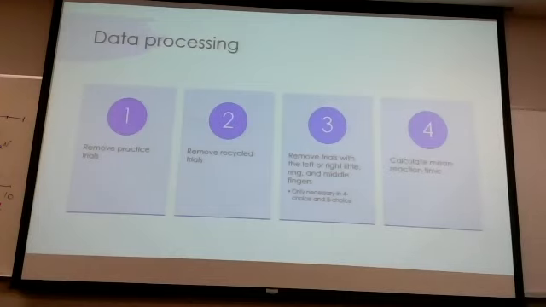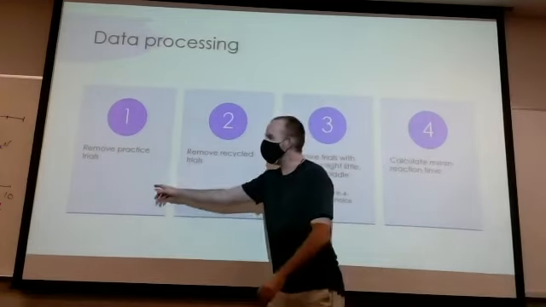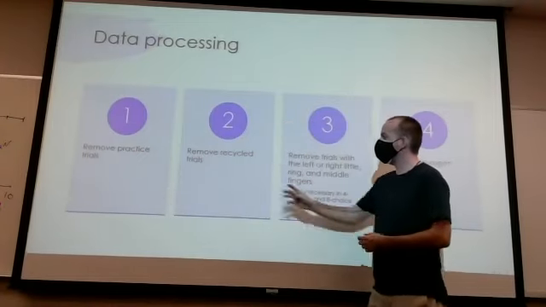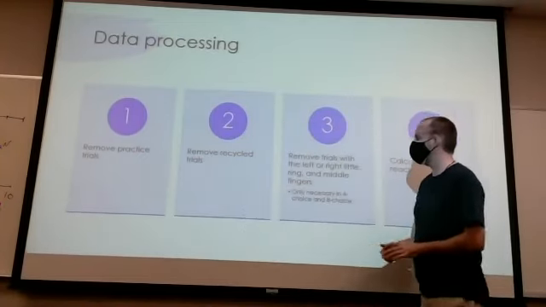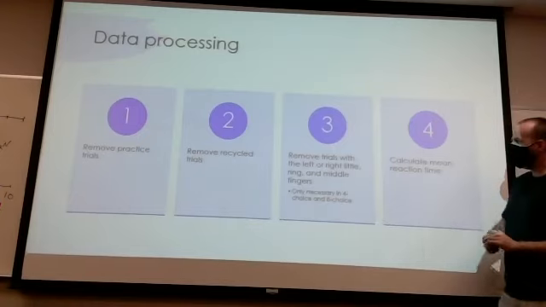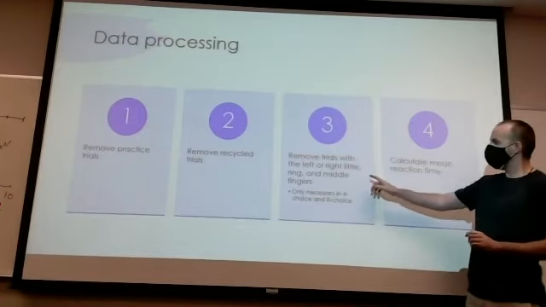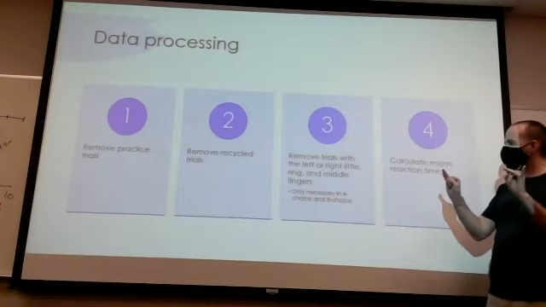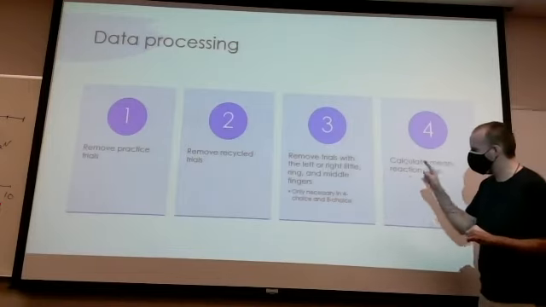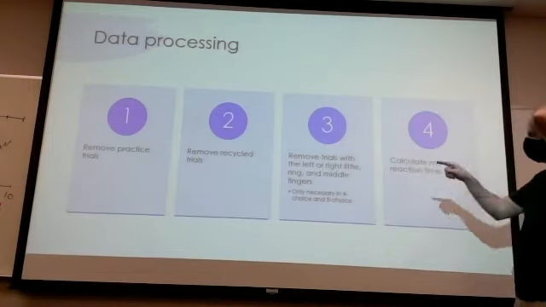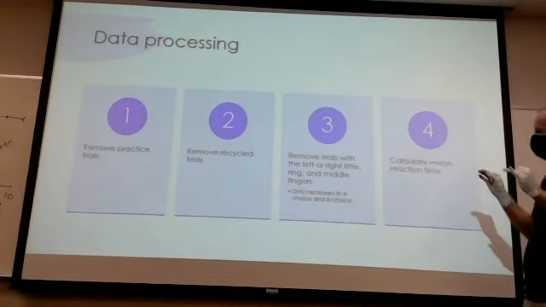So what do we need to do to the file? We need to remove practice trials, not a big deal. We need to remove recycled trials, hopefully there's not too many. Then we need to remove trials with the left or right little and ring, and middle fingers.